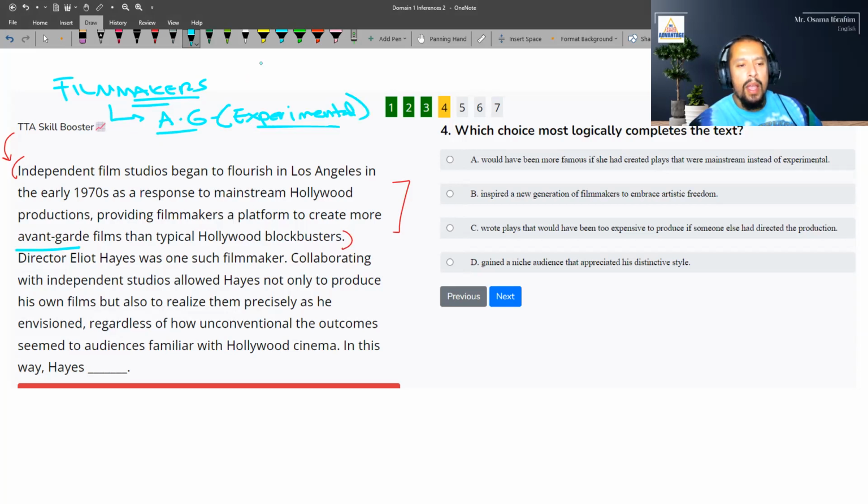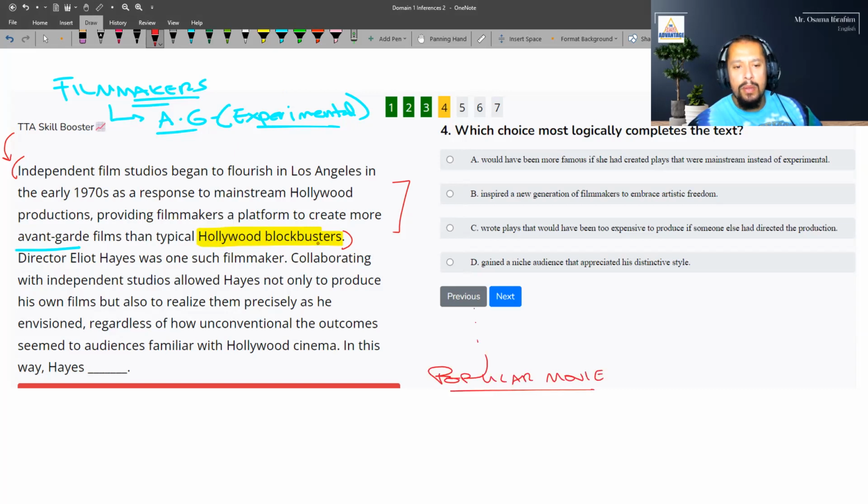Experimental films, right? Instead of Hollywood blockbusters, right? You know the Hollywood blockbusters, correct, Muhammad? What is the meaning of a Hollywood blockbuster? Hollywood is like a popular movie, but I don't know blockbuster.